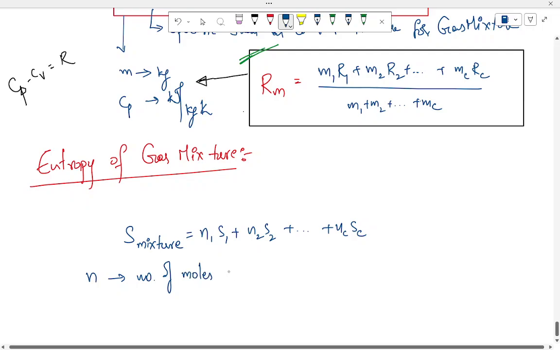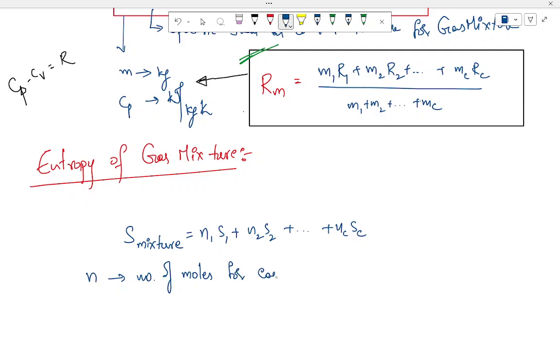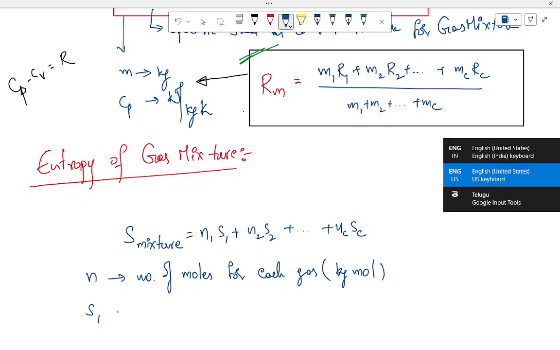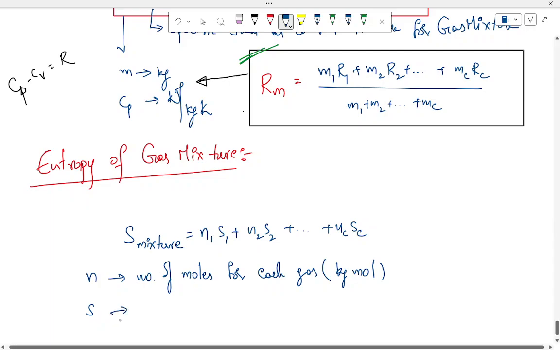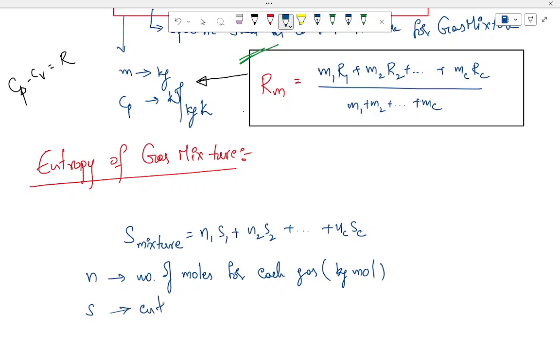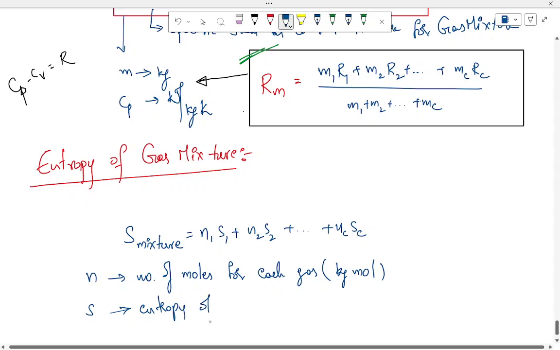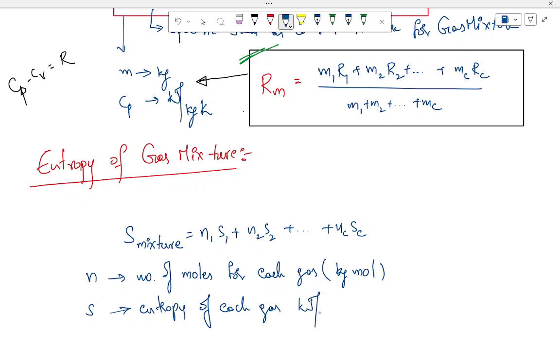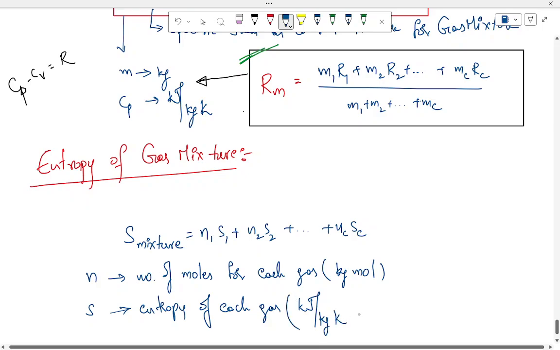for each gas, measured in kg mole. Kg mole should be the unit here, and S is the entropy of each gas measured in kilojoule per kg Kelvin.